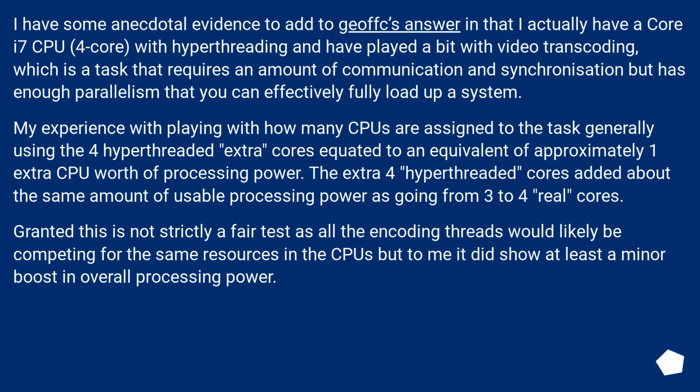My experience with playing with how many CPUs are assigned to the task generally using the 4 hyperthreaded extra cores equated to an equivalent of approximately 1 extra CPU worth of processing power. The extra 4 hyperthreaded cores added about the same amount of usable processing power as going from 3 to 4 real cores. Granted, this is not strictly a fair test as all the encoding threads would likely be competing for the same resources in the CPUs, but to me it did show at least a minor boost in overall processing power.